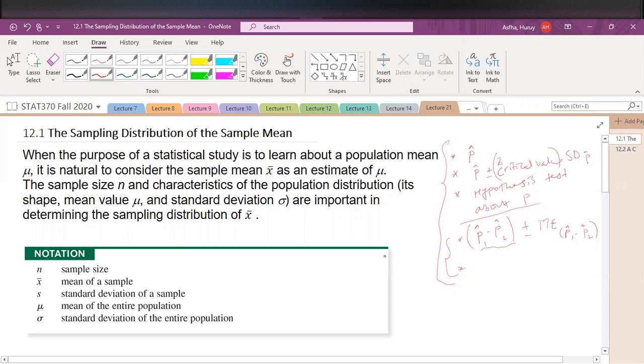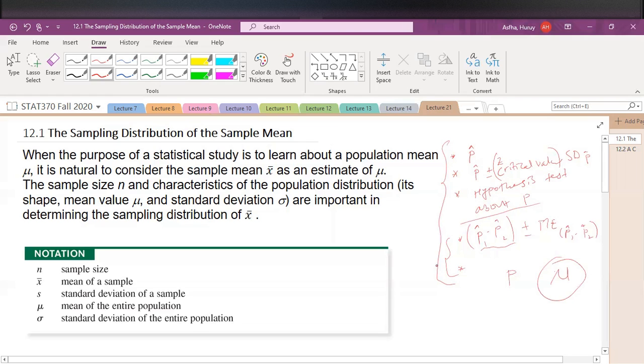And today we are going to learn constructing confidence intervals about the population mean. Now, p is going to be replaced by mu, so we will learn about mu.